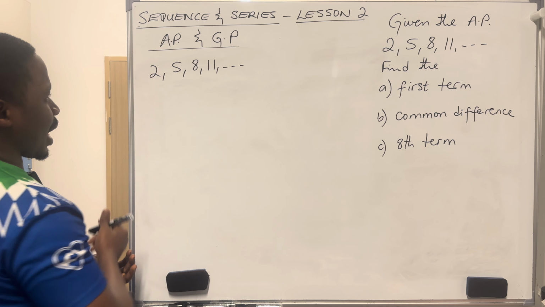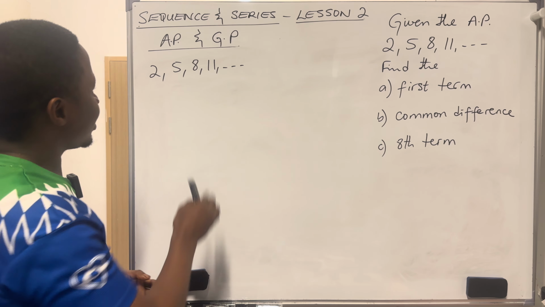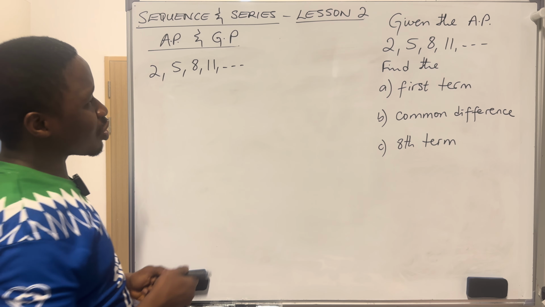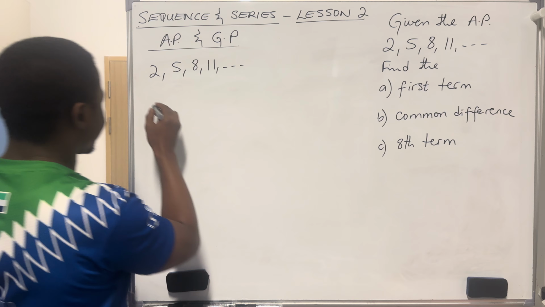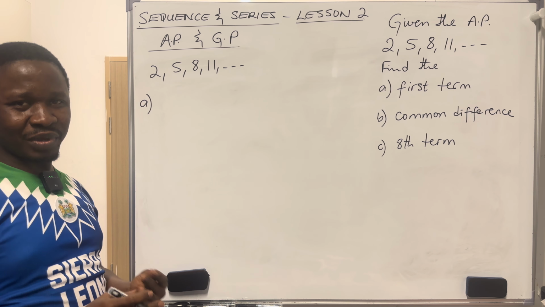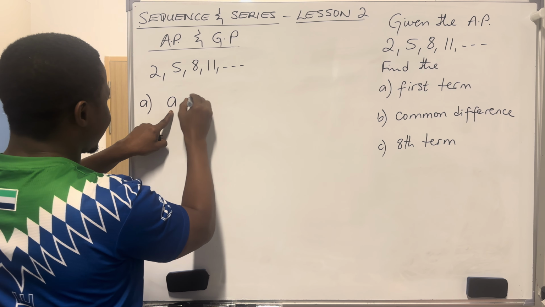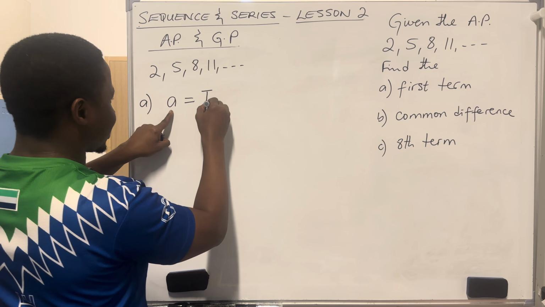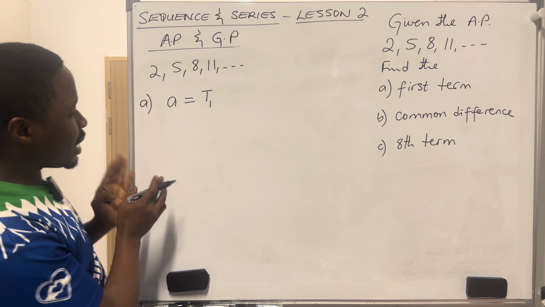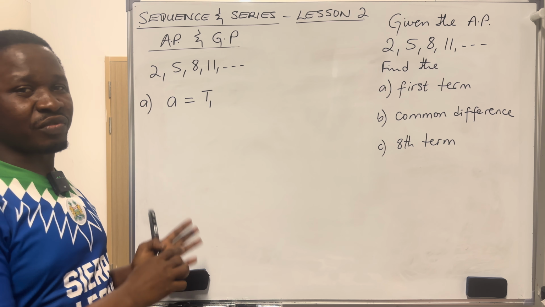So this one we are given does not end. How do we know that it does not end? When you see the three dots, it tells you that this sequence is infinite. But we are to find the first term. In this topic, AP and GP, the first term is denoted by the letter A. Using A is just to be specific for only the first term and the common difference.